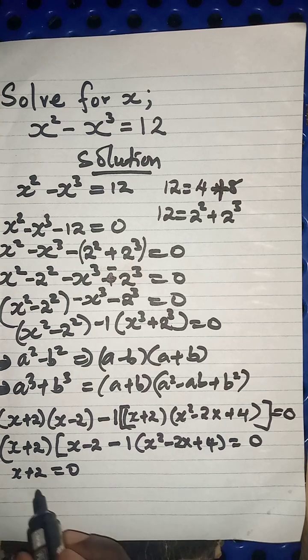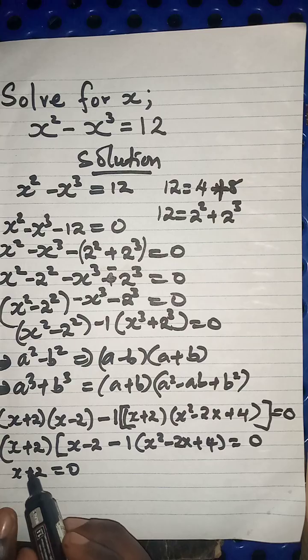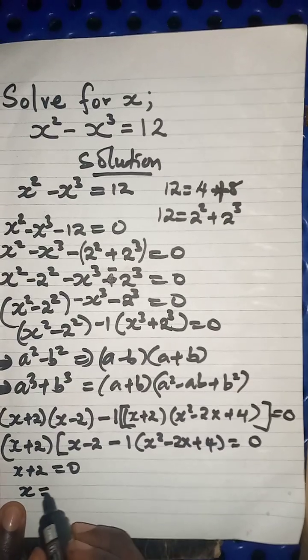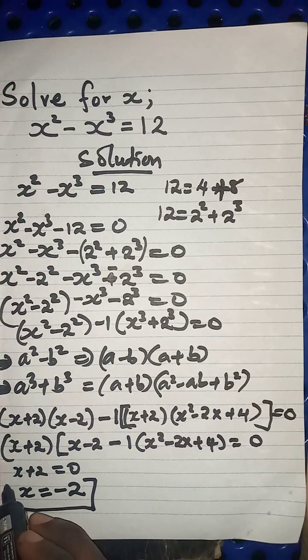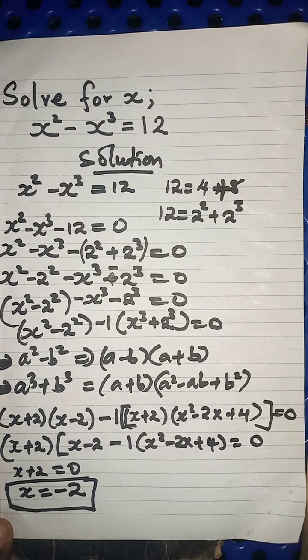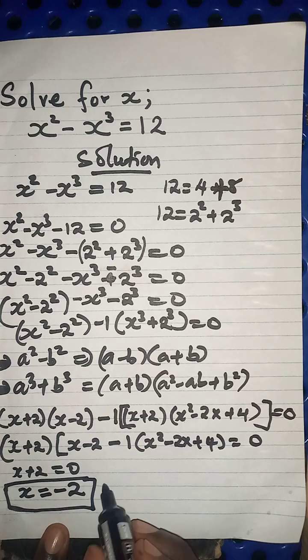Meaning that it goes without saying that when you take these two on the other side, the first value of x for our solution is x equals negative 2.